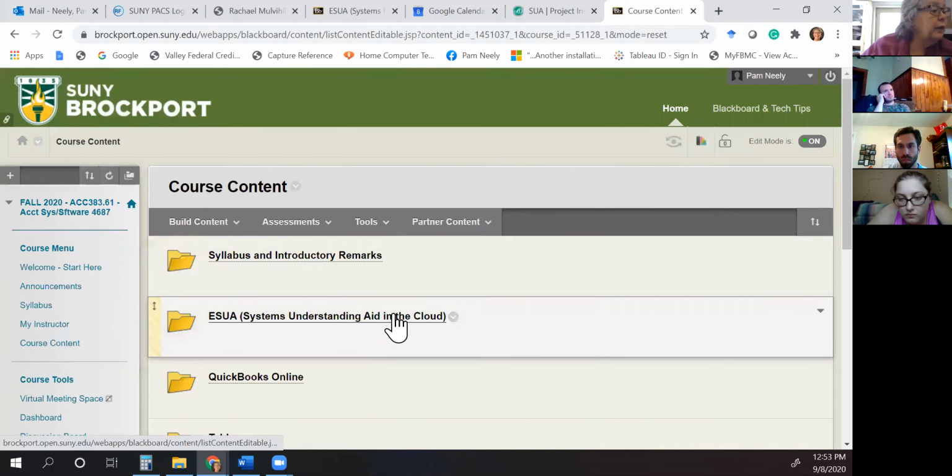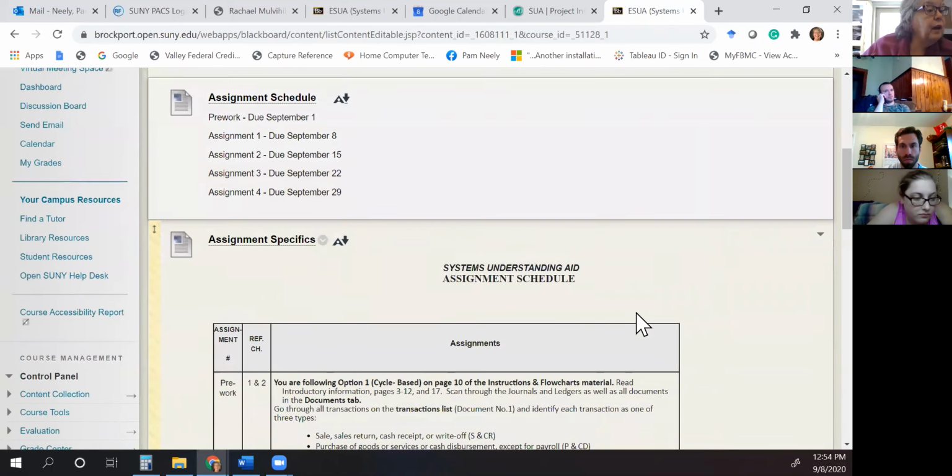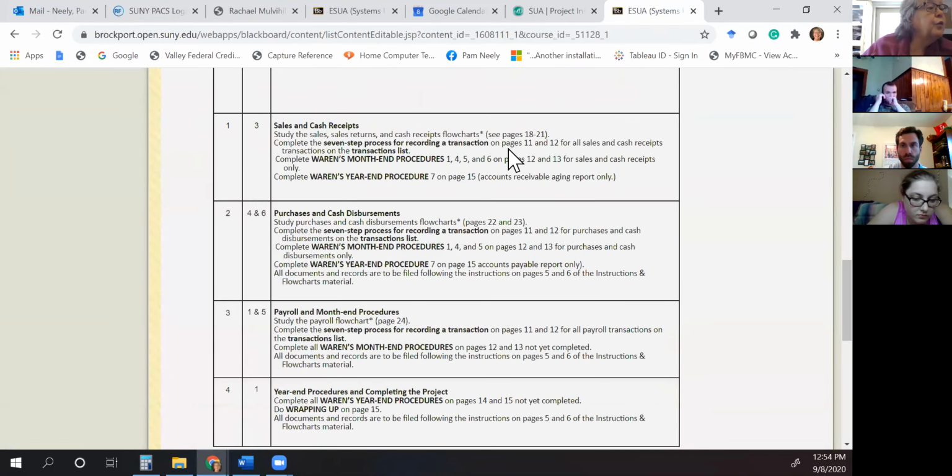I sent out an email on this, but I put the assignment right here. So this is this week's assignment. In addition to doing all of the transactions, you were supposed to do the month-end procedures 1, 4, 5, and 6 on pages 12 and 13. And you were supposed to do page 7, the accounts receivable aging report.